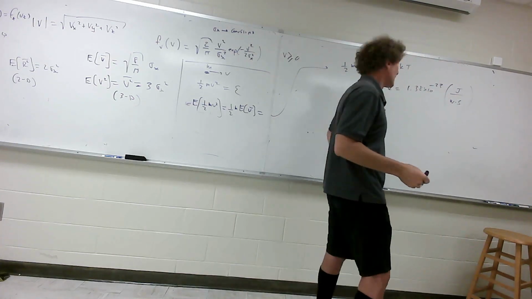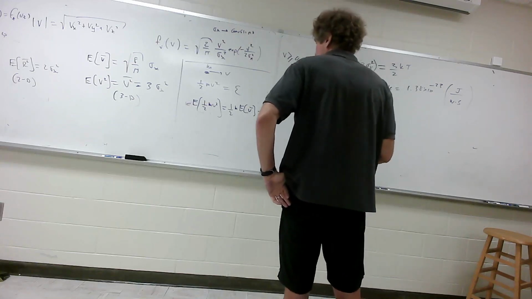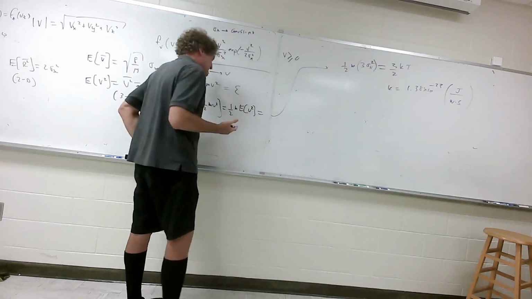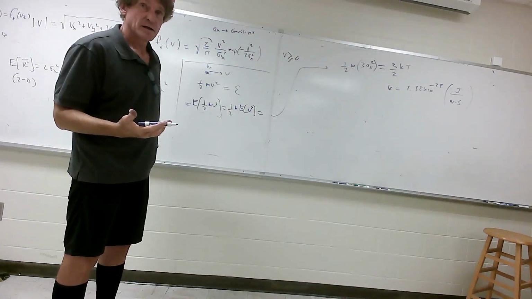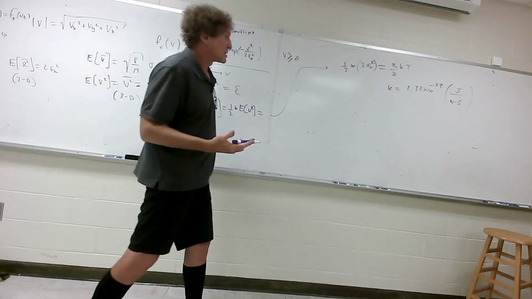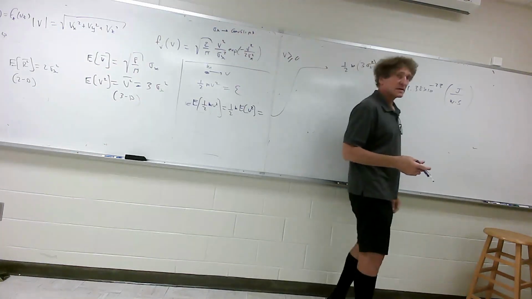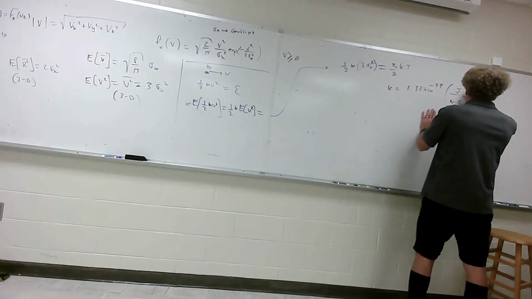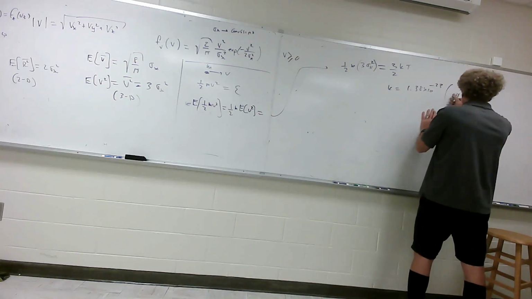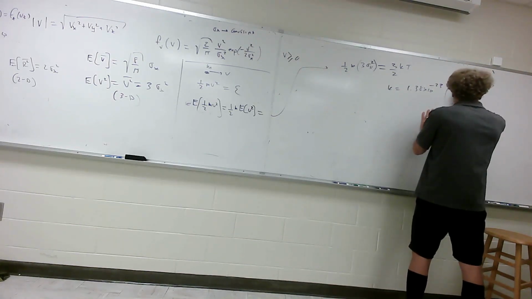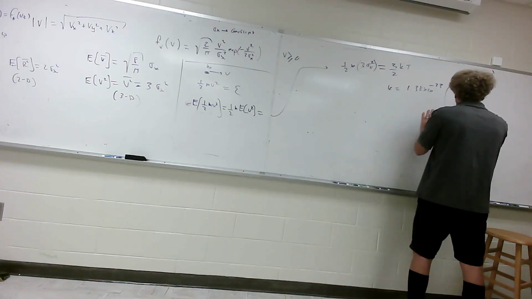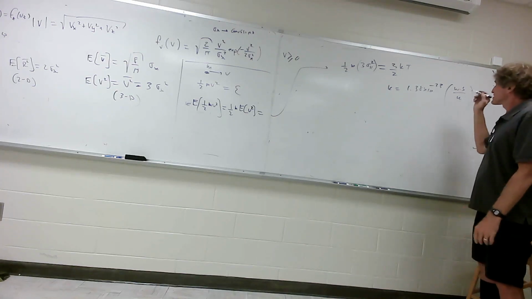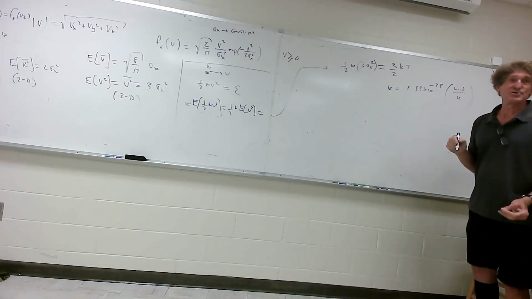Is that supposed to be V? This is V squared. Yeah, it's the expected value of V squared. Joules per Kelvin. Watt second is energy, it's a joule.